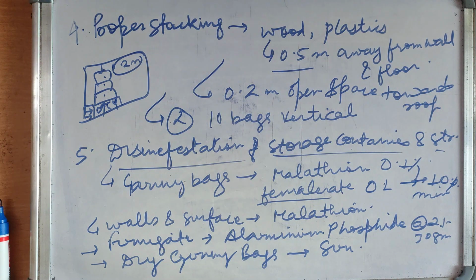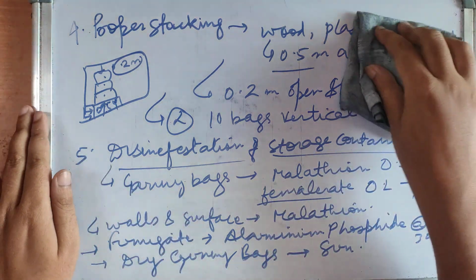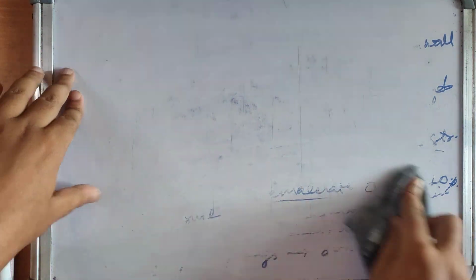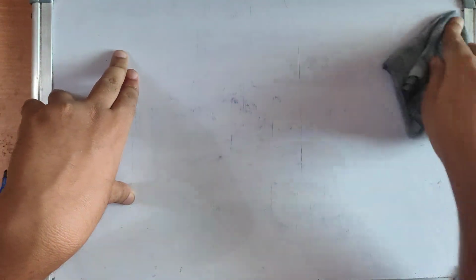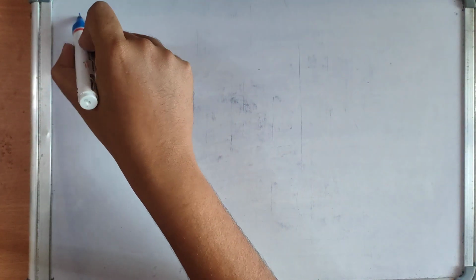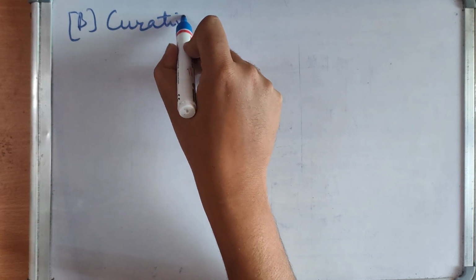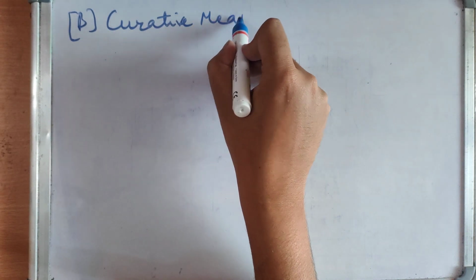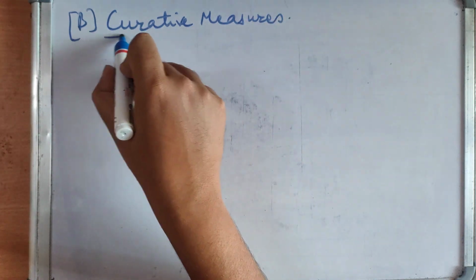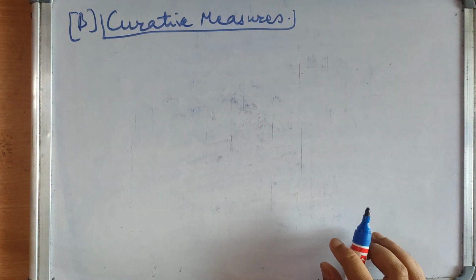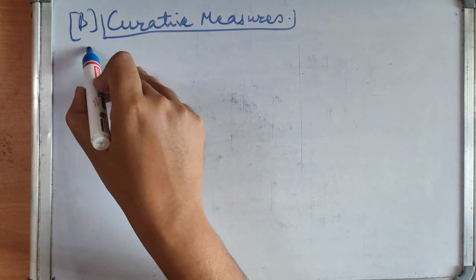Now what are the curative measures? It was prevent, now how will you cure? Suppose pests have already attacked, so how will you cure this? Curative measures, B. First one is ecological.